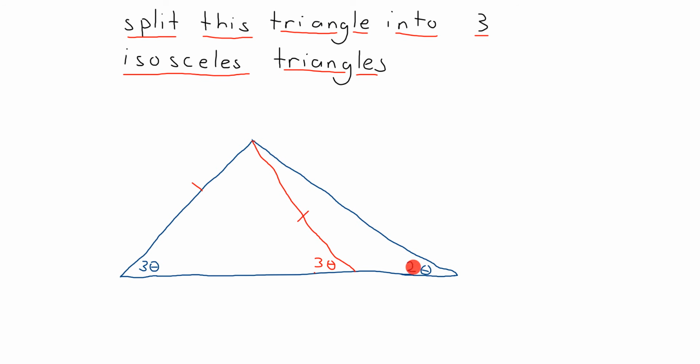Now I know this is 2 theta and this is 3 theta, so that must make this angle in here theta for our exterior angle. 2 theta plus theta are 3 theta, and now look, we've made our 2-to-1 ratio triangle.